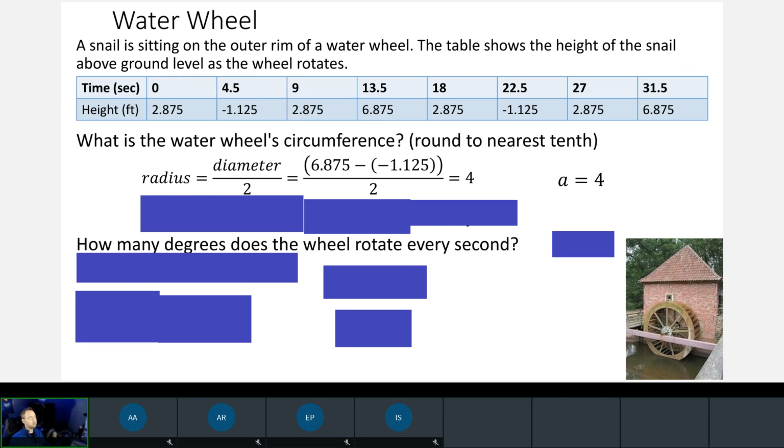All right. So we know the radius. Now, how do I find the circumference?